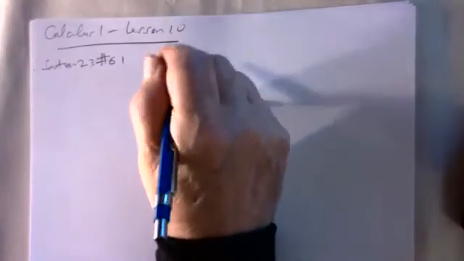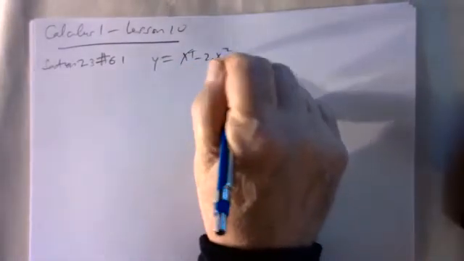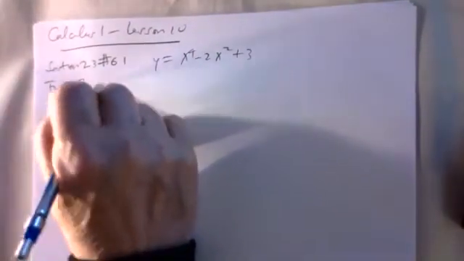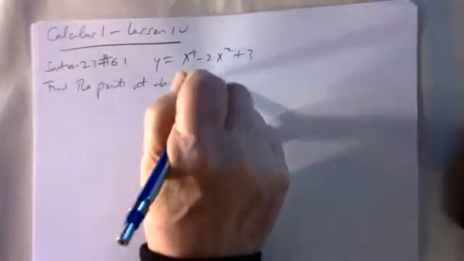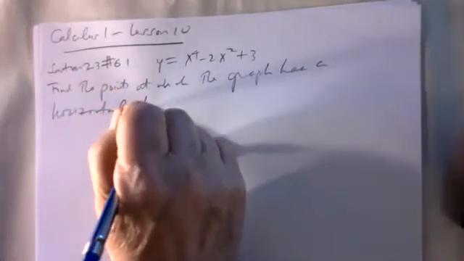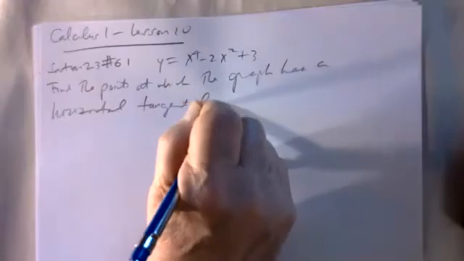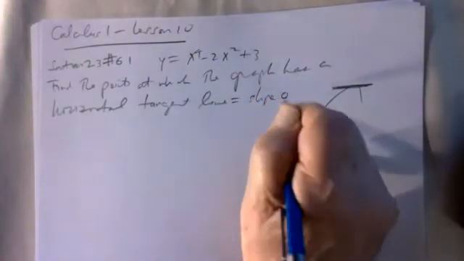We have the function y equals x to the fourth minus 2x squared plus 3, and we want to find the points at which the graph has a horizontal tangent line. Now, if you have a horizontal tangent line, that means the slope of the line is 0.